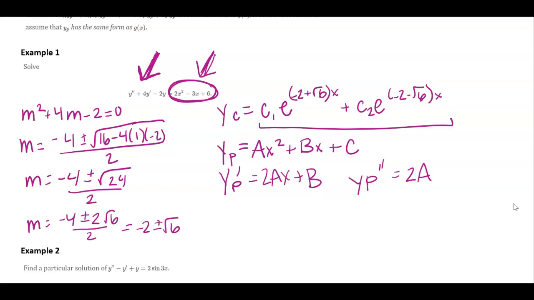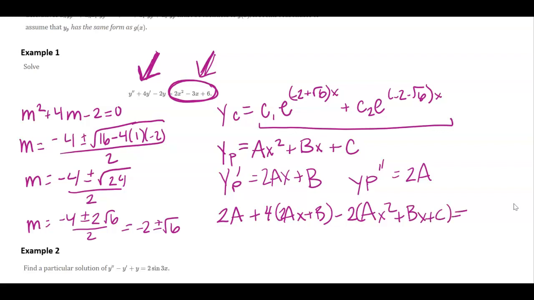And so when I plug in to that left-hand side, I end up getting 2a plus 4 times yp prime minus 2 times yp, and I need this to be equal to 2x squared minus 3x plus 6.